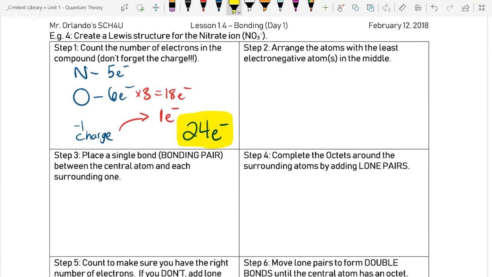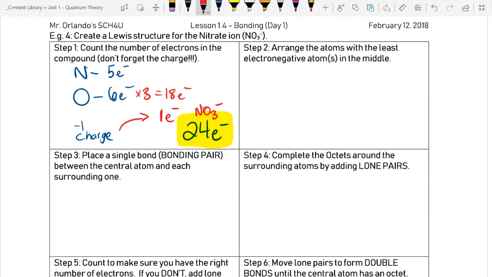In fact, maybe even I will do this. I will say this is NO3 -1. Okay, now I want you to arrange them. How are these going to be arranged? Well, even if we didn't look at the electronegativity, we have 3 oxygens and 1 nitrogen.